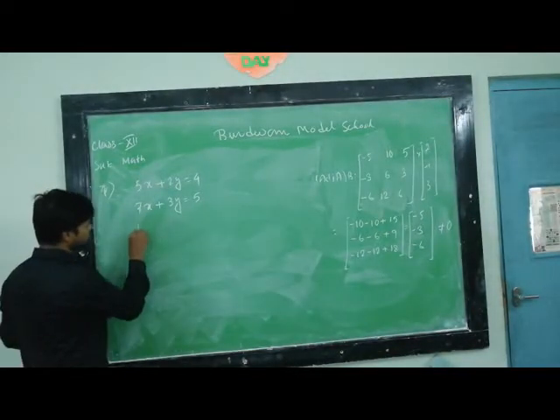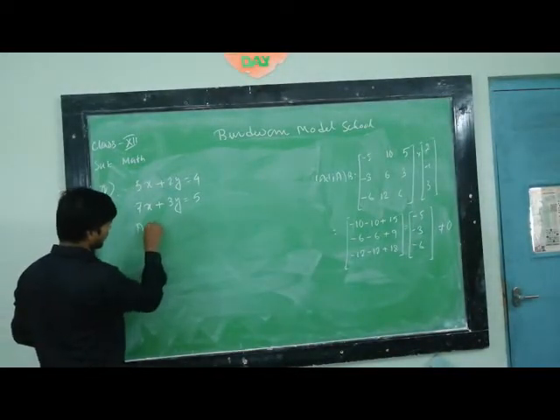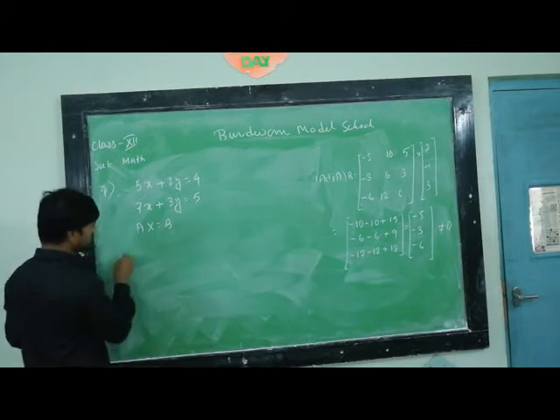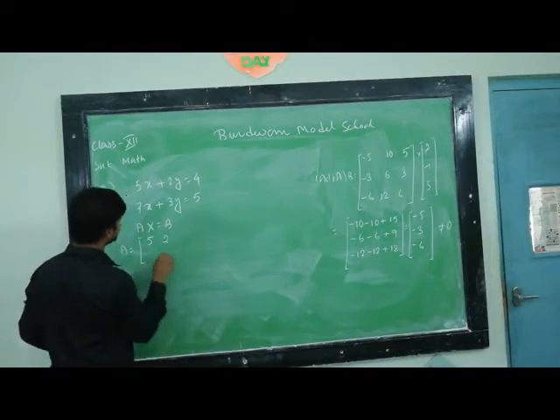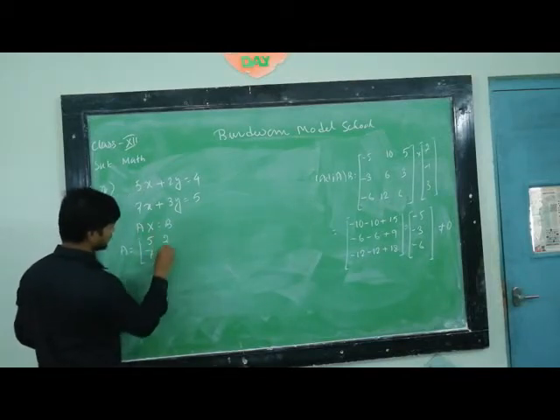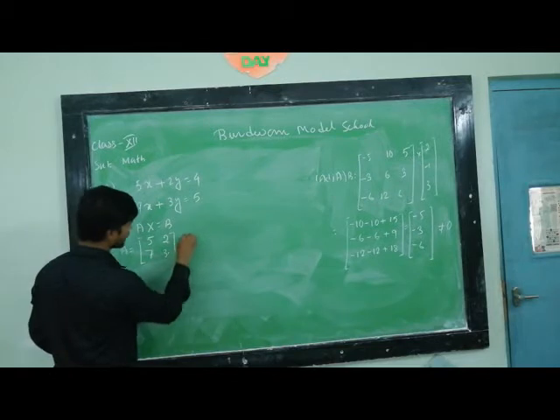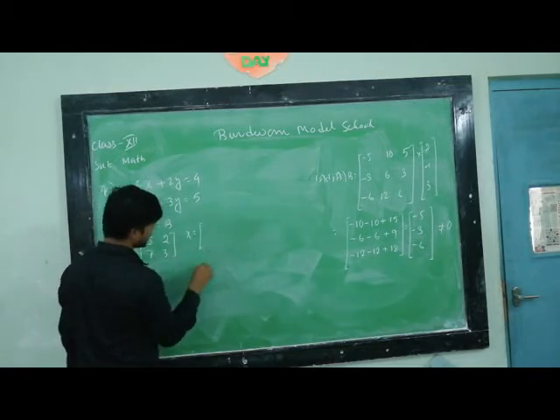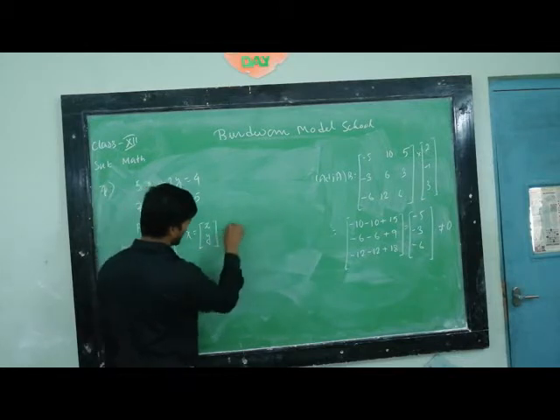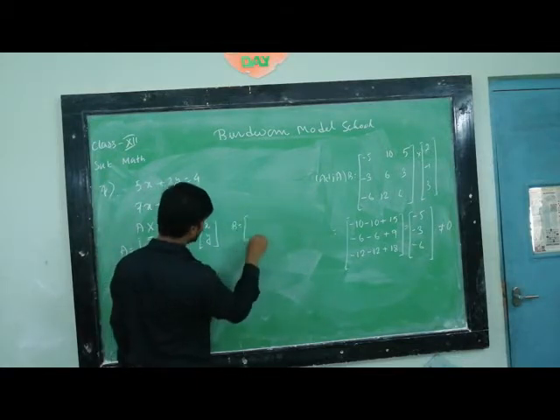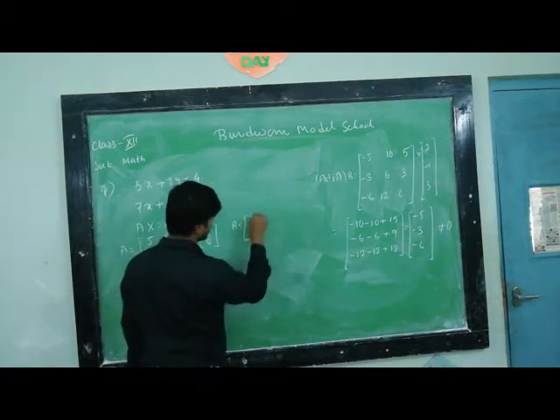In matrix form we can write AX is equal to B, where A is a 2 cross 2 matrix containing the elements 5, 2, 7, 3, and X is a column matrix containing the two elements x and y, and B is also a column matrix containing 4 and 5.